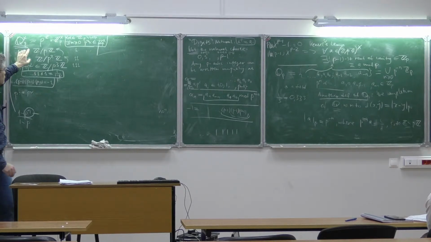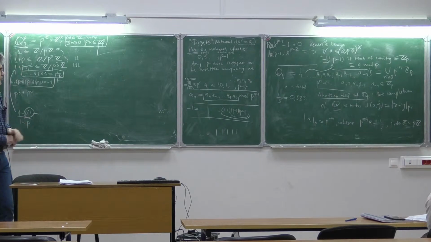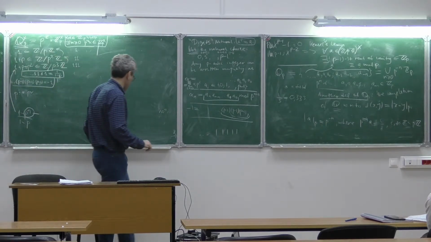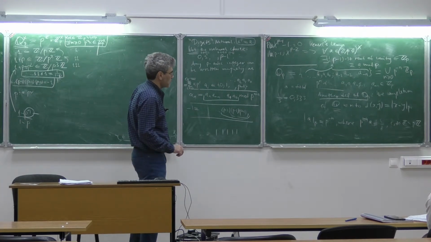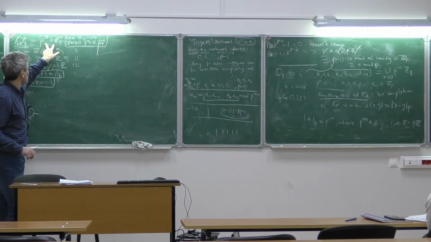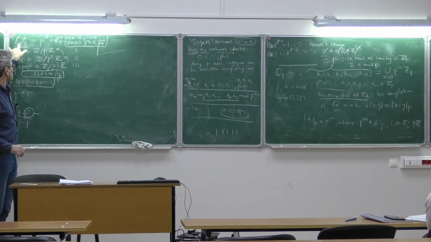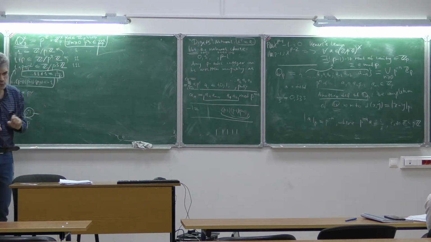Maybe we should discuss in more detail how the multiplicative group of the p-adic numbers looks. So first of all, is it clear that any non-zero p-adic number is a product of a power of p and an invertible integer?